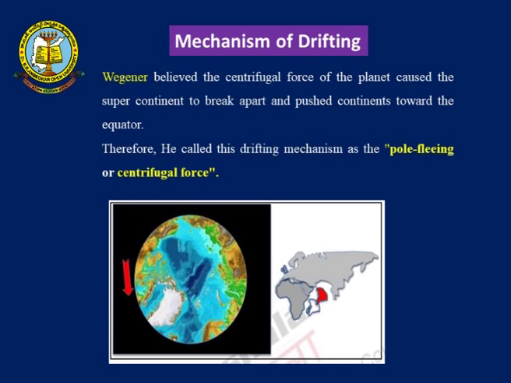Wegener believed that the centrifugal force of the planet caused the supercontinent to break apart and pushed continents towards the equator. That is what is called pole fleeing, that is, the North Pole and South Pole were fleeing and they came together into the equatorial region. Therefore, he called this drifting mechanism pole fleeing or centrifugal force.